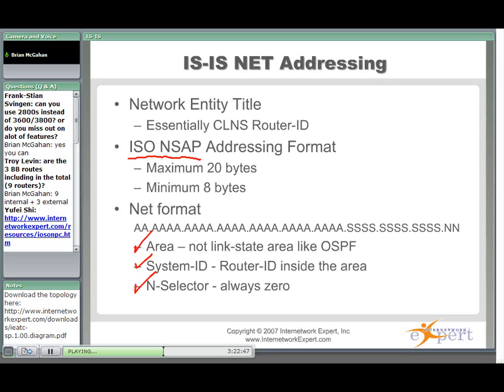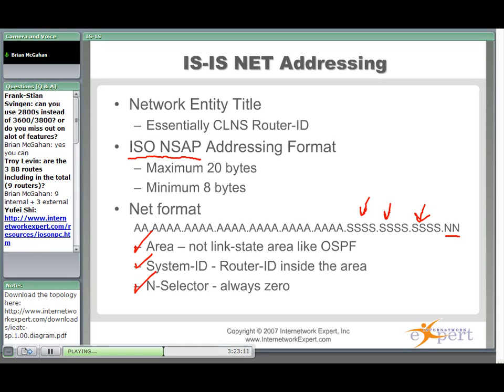You have an area address, you have a system ID, and an end selector. The area is not like in OSPF when we're talking about an area. It's going to determine what neighbors you can be adjacent with. Now, the system ID is going to be like your router ID inside the area. So this portion here, the system ID, that's going to be unique. And the end selector is always going to be 0.